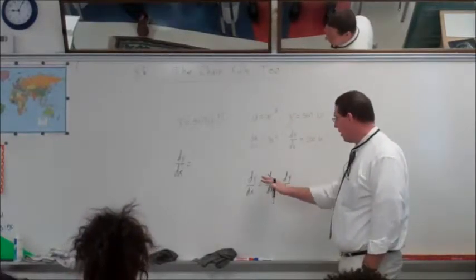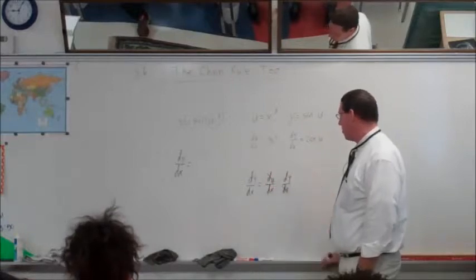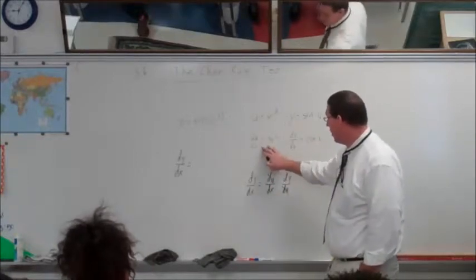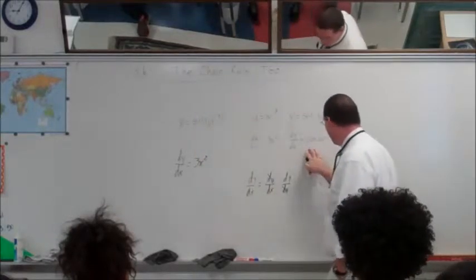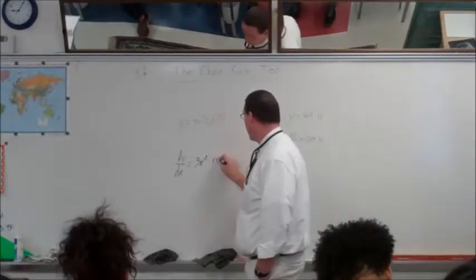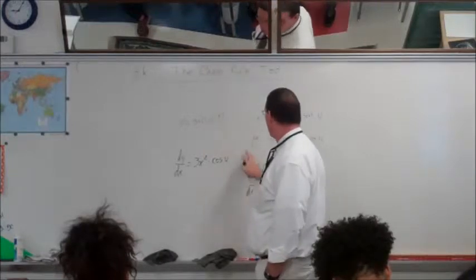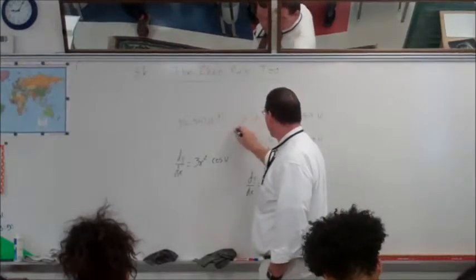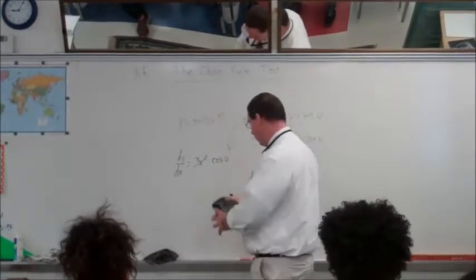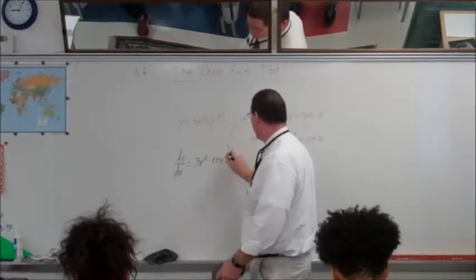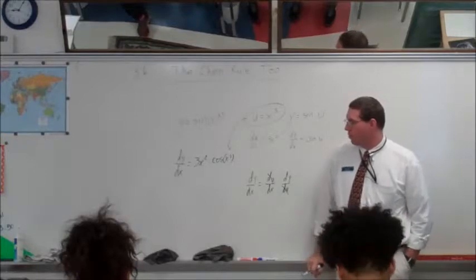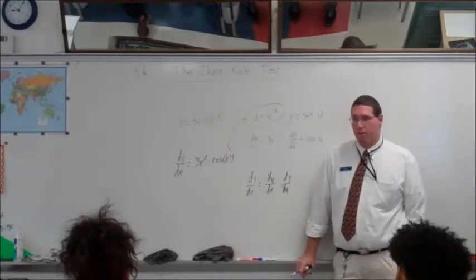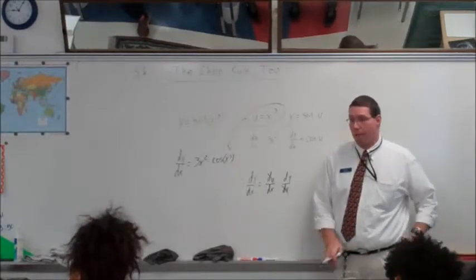Du dx is 3x squared. Dy du is cosine of u. And u is equal to x cubed. So we can take out the u and put in an x cubed. And there's your derivative: 3x squared times cosine of x cubed. That's how we did it the other day.